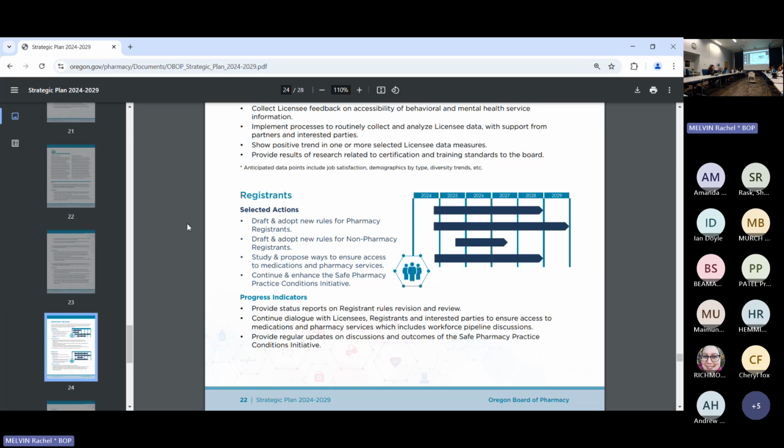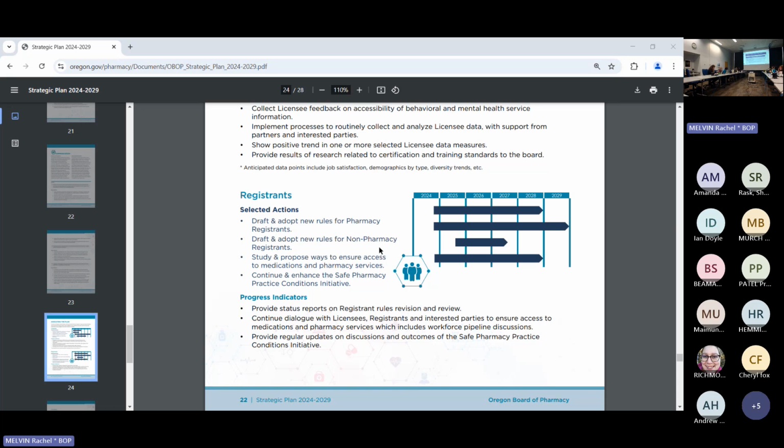Mr. Runyon, could you go back to the slide, please? Staff member Runyon: Yes, I'm having staff member Melvin pull that up. And while staff member Melvin's doing that, I'll just read part of the registrants pillar and the selected actions that are in the board approved strategic plan.